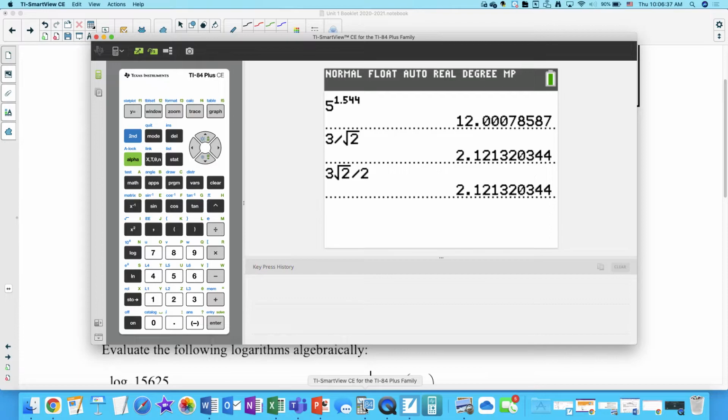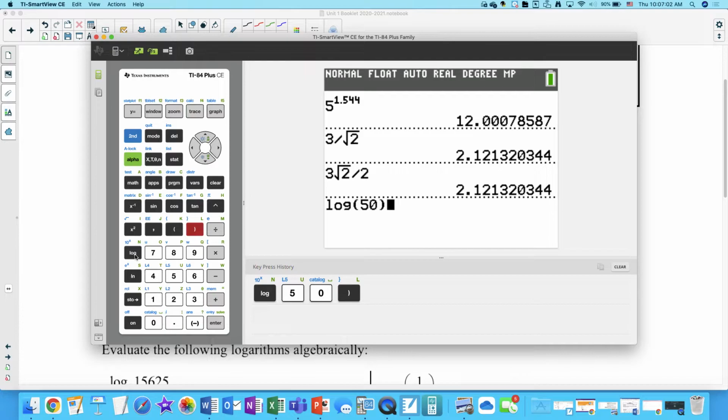But if you see along here, you've got this button log, and it opens up a bracket, and you could put any number in there. But you can only calculate logarithms on your calculator that are base 10, right? So let's say I wanted to know the log of 50. This essentially is asking 10 to the power what equals 50?